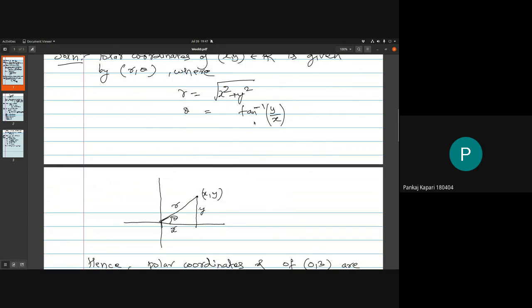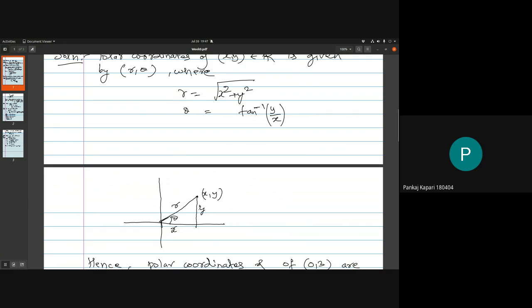If you are given some point in R2 whose Cartesian coordinates are x comma y, then the distance of the point from the origin we denote by r, and if the line joining the point and origin makes angle theta with the x-axis in the positive direction, then that r comma theta is a polar coordinate of the point x comma y.